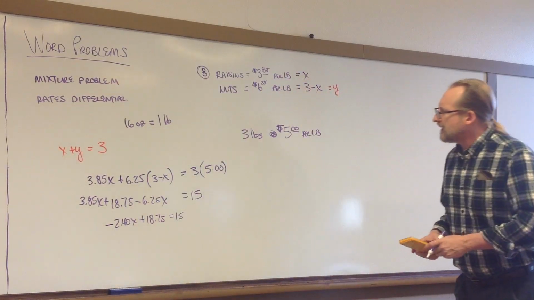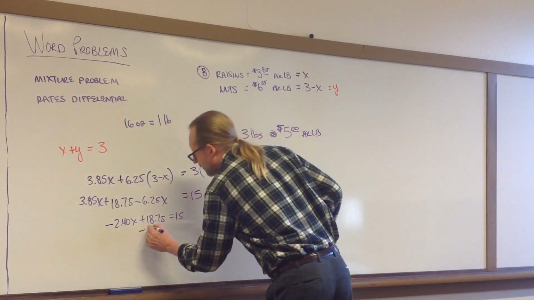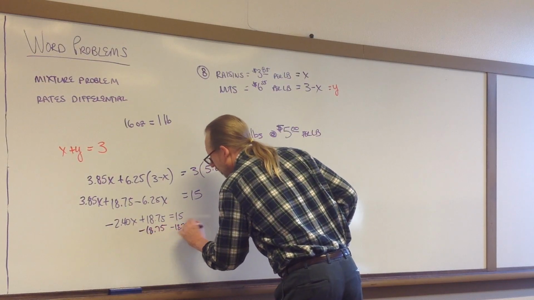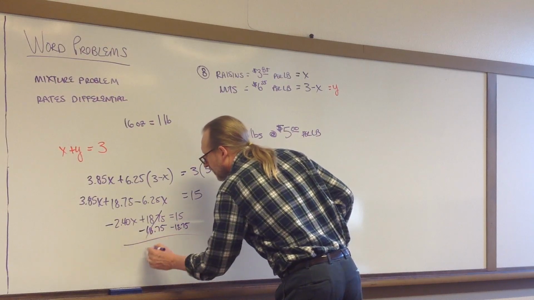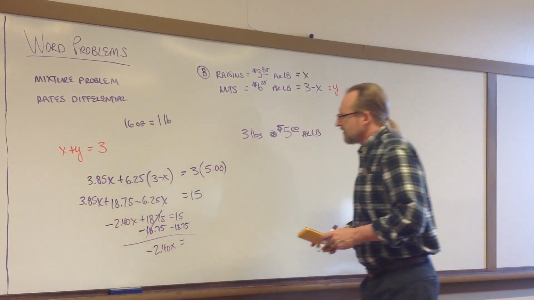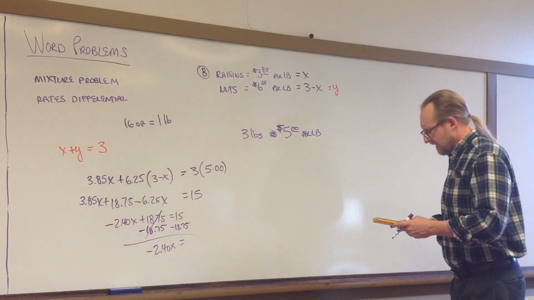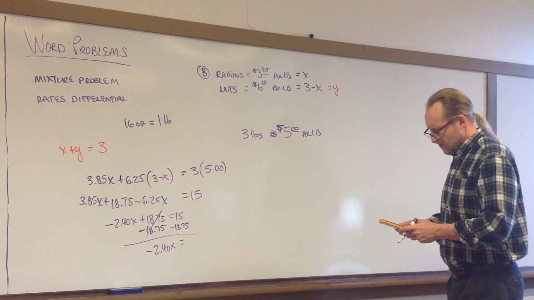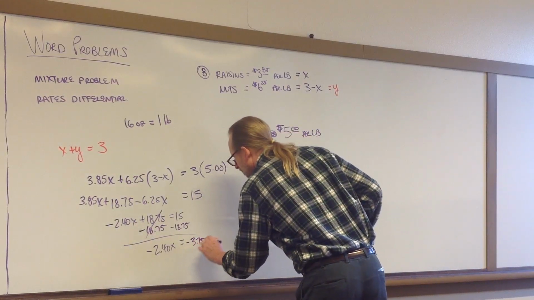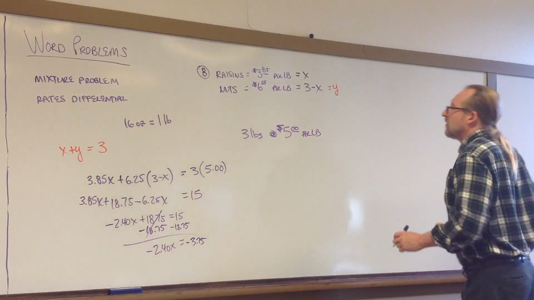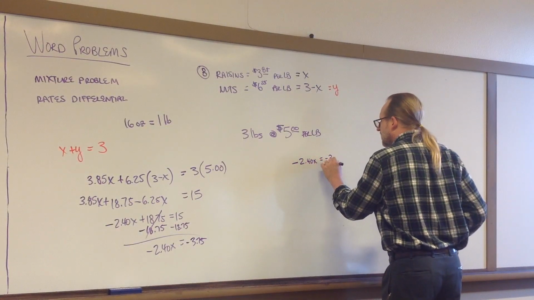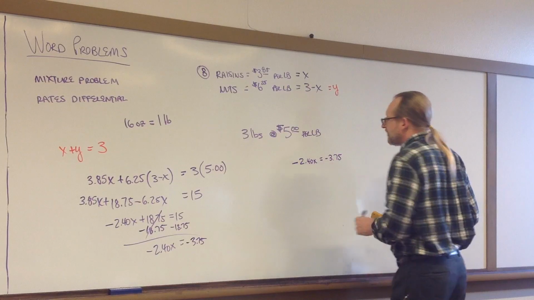If we subtract 18.75 on both sides, those will cancel out. We get negative 2.40x, and it should be negative 3.75, right? Yeah, negative 2.40x is negative 3.75.